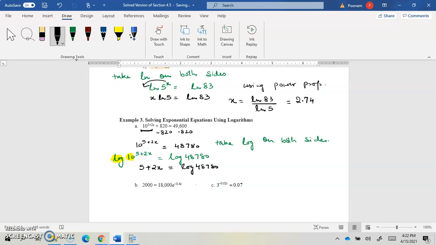We got rid of log. There is no exponential, there is no log. Now we have a simple linear equation. We can solve by subtracting 5 on both sides. So we have 2x is equal to log of 48,780 minus 5, and now you can divide both sides by 2. So we have x is equal to log of this minus 5, divided by 2.